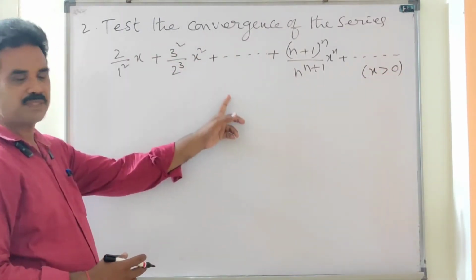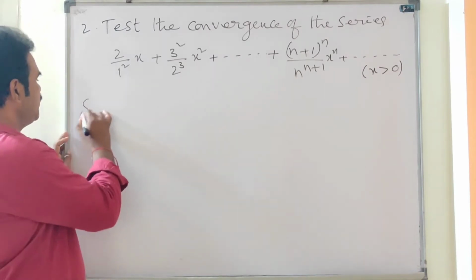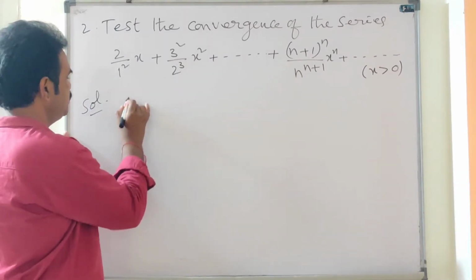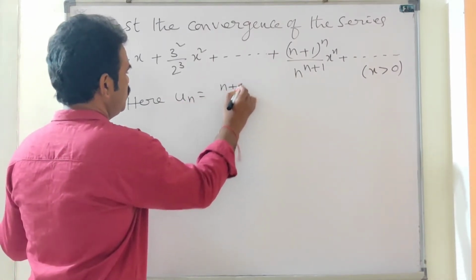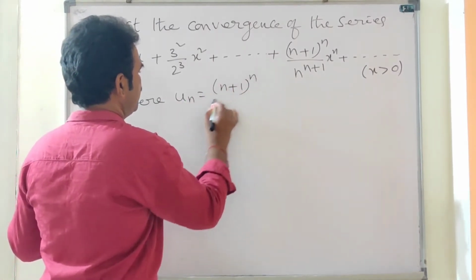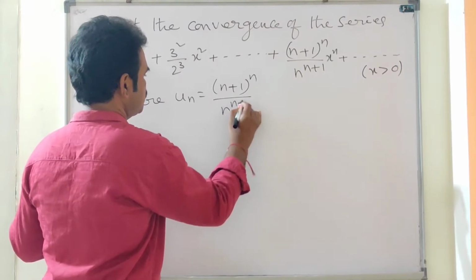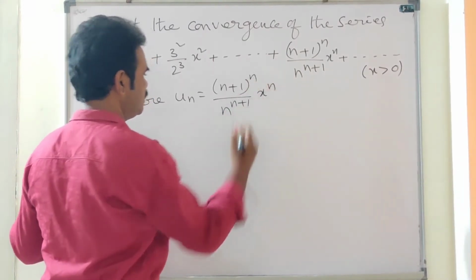We have to test the convergence of this series. Here nth term un is equal to n plus 1 whole power n by n power n plus 1 into x power n.